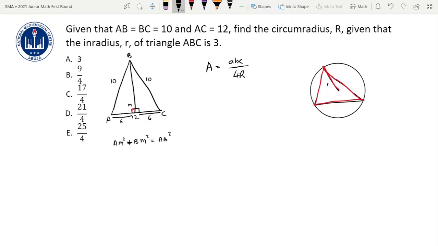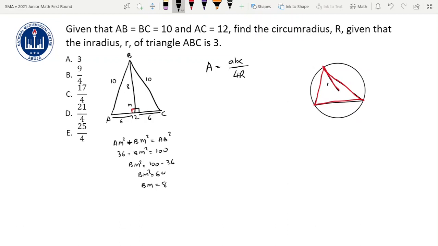AM squared is 6 squared, which is 36, plus BM squared equals AB squared, which is 100. Then BM squared equals 100 minus 36, so BM squared equals 64. When you take the square root of both sides, you have that BM equals 8.